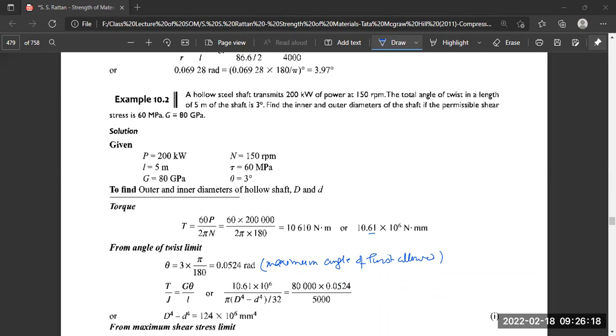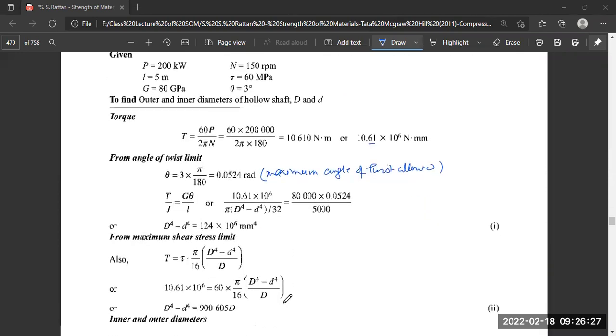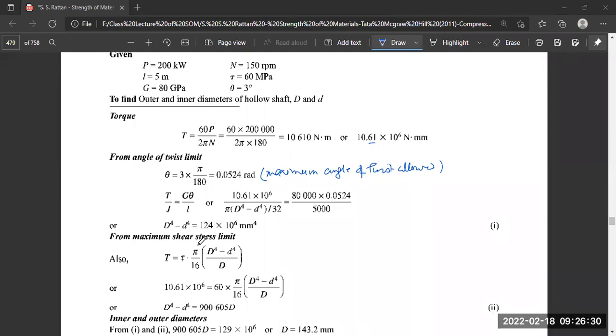Thus, D to the power 4 minus d to the power 4 is 124 into 10 to the power 6 millimeter, but still we don't know what is the maximum or what is the minimum there. So we have to use other formulas here.